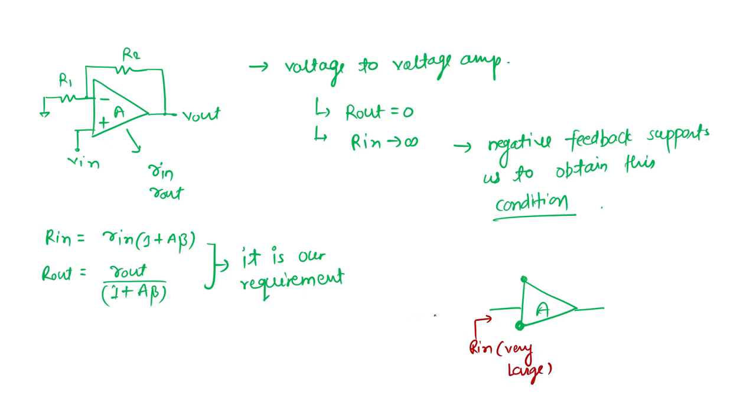The reason is simple: if we are sensing the voltage, we are simply measuring the voltage across an internal terminal, and we expect that the exact voltage at this node should appear at this node.